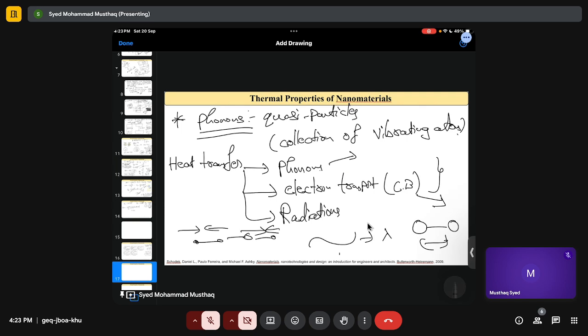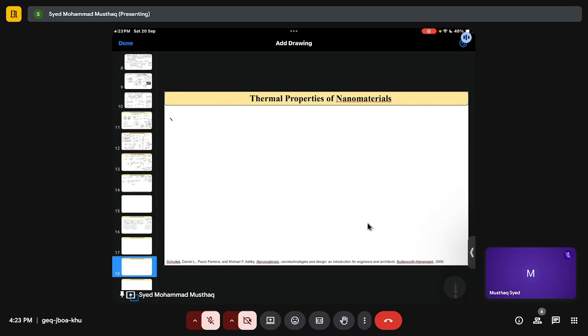Now, the speed of sound in air is, for example, c naught. In materials also it depends upon density, so it should be almost c naught. But do we find the same speed of heat energy transfer in metals? No, it takes time, and the reason behind it is the same explanation as diffusion of atoms.